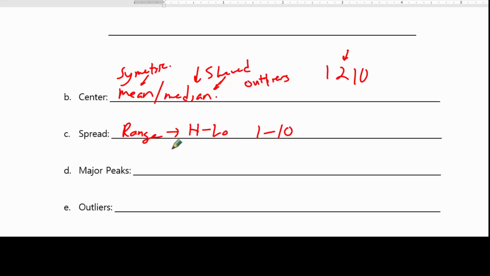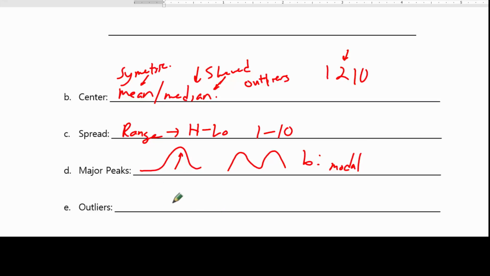Alright, so you want to talk about major peaks, like, is there a peak? A lot of times if you saw this, I would say it's symmetric, and it's got a spread of whatever the numbers are. But let's say that there are 2. It might be bimodal. Or it could be polymodal, where you have many modes.